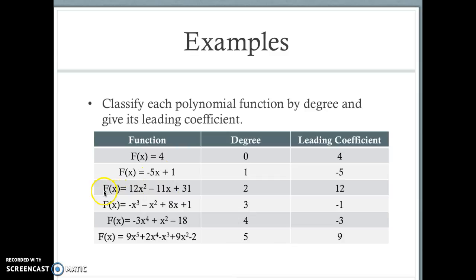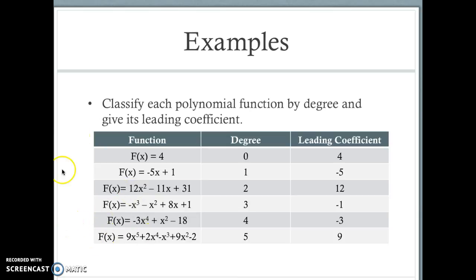Next we have f(x) = 12x^2 - 11x + 31. Well, this is a trinomial, and our first x term has the highest exponent, which is 2, so our degree would be 2. And our leading coefficient would be 12 because that's what starts us off with that highest exponent.